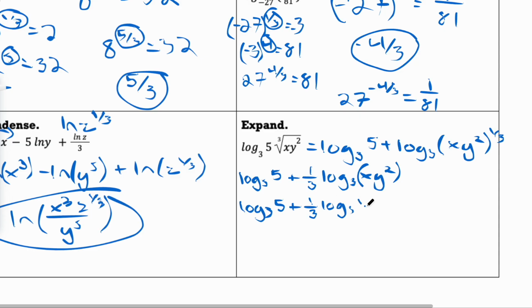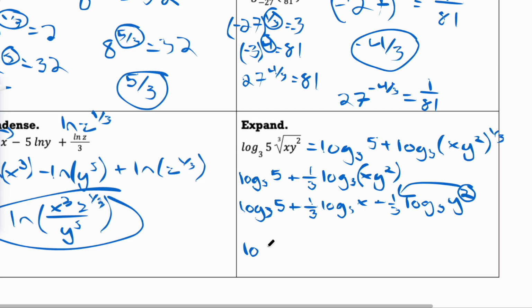So I'm going to say log base 3 of x, then plus. And remember that 1/3, because that 1/3 translates to both of these terms, right? We have 1/3 log base 3 of y squared. I'm sorry if my handwriting is bad. Now I have this square, bring that out front.